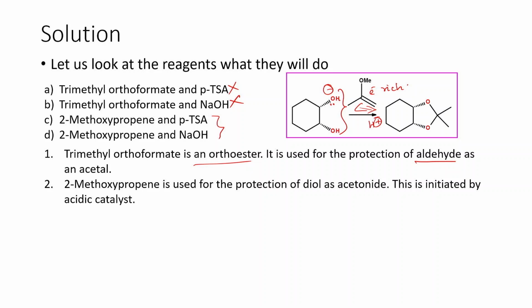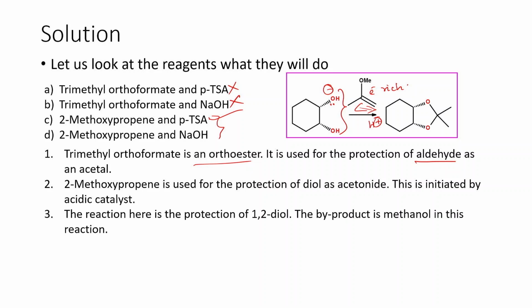So we can clearly say this reaction can only be initiated in the presence of an acid. In other words, the reagent for this transformation, the diol protection as the acetonide, is nothing but 2-methoxypropene in the presence of PTSA, the acid catalyst. Here, methanol is the byproduct formed in this reaction.